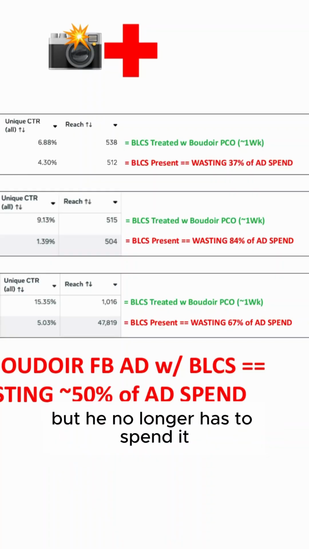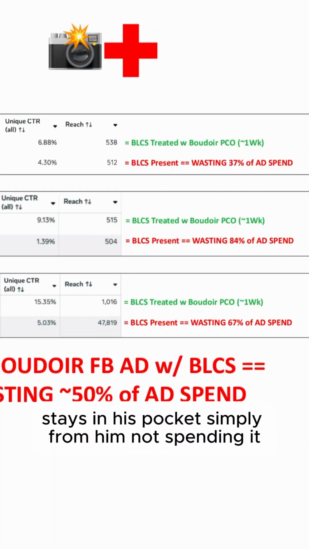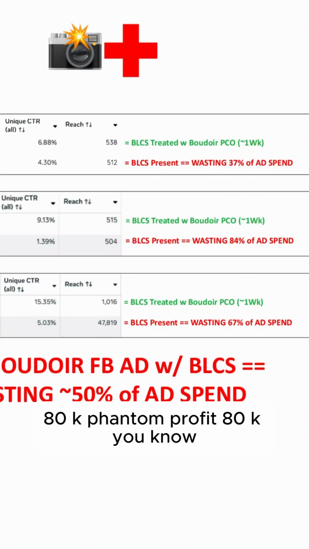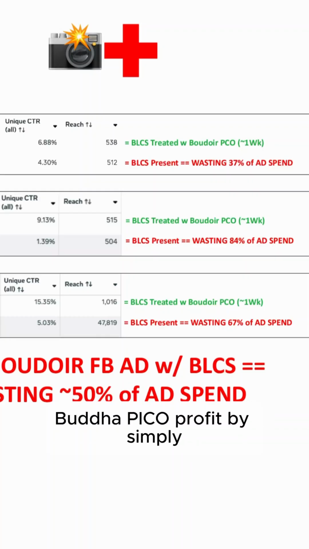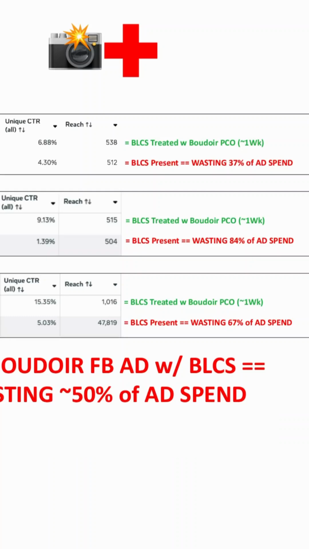He no longer has to spend it. He pockets it every single month. Stays in his pocket simply from him not spending it. And at the end of the year, it's like 80K phantom profit, 80K Boudoir Pico profit by simply running this one treatment of Boudoir Pico.